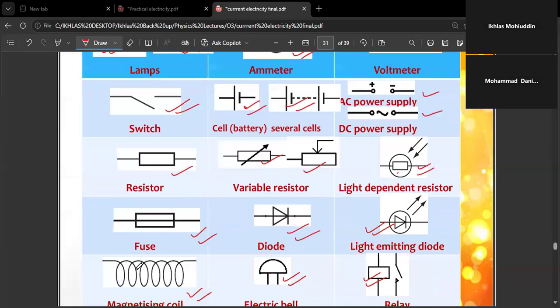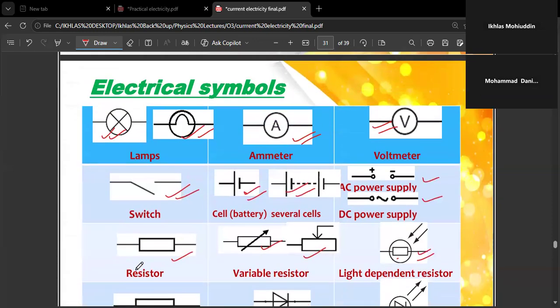So these are the electronic symbols of different components.